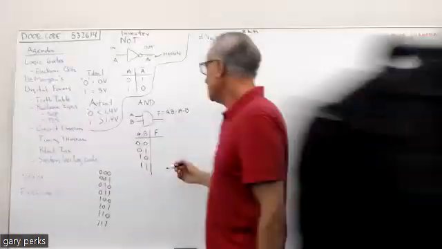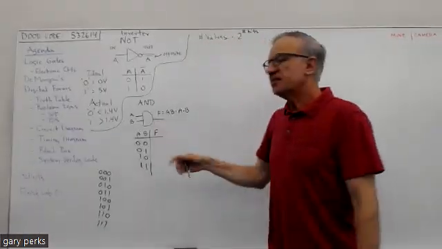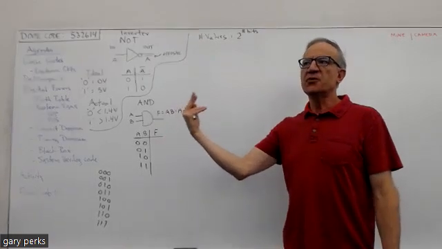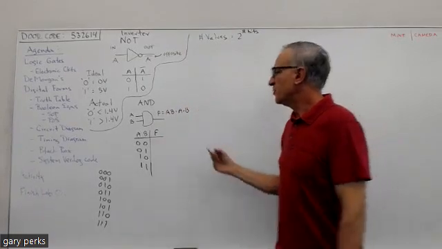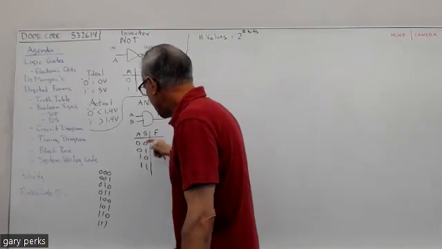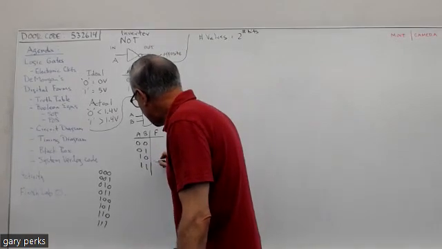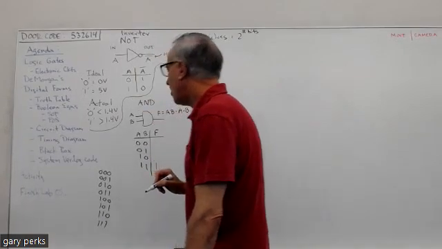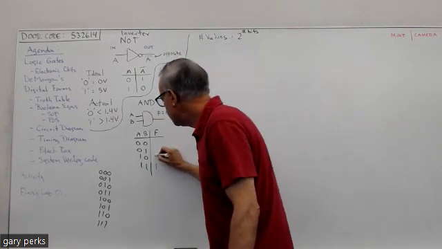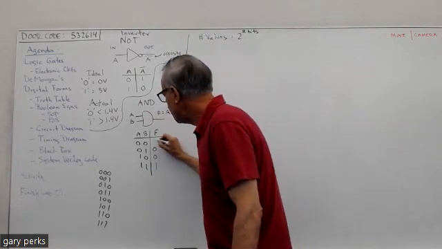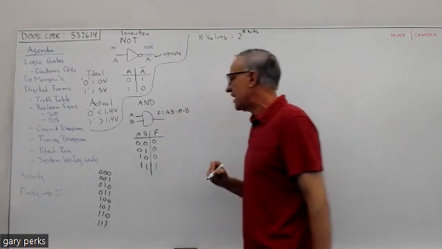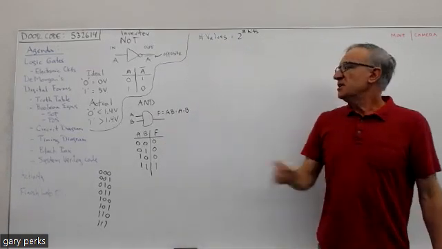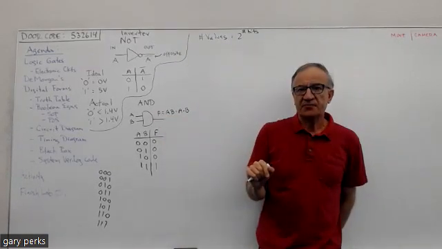Okay, but now getting back to this. What do we mean when we say AND? Well, it means that in order to get a 1 out of an AND, I need all inputs to be 1. If at least one input is a 0, an AND gate's going to output a 0. Now, this is a 2-input AND gate.